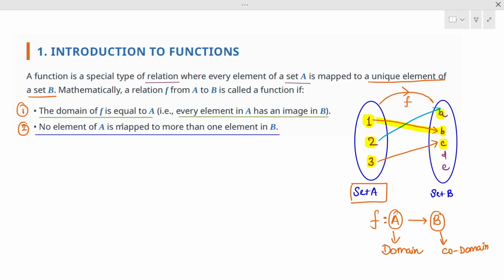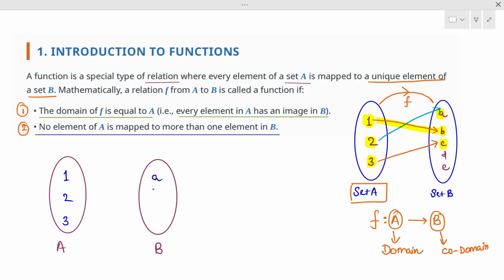Okay. What does this mean? Let us say we have two sets. Let's say this is set A, this is set B. Let's say we have the elements 1, 2 and 3 and it is A, B, C, D and E. Now suppose I map 1 to A and I am doing 1 to B. So now here this 1 is mapped to A and B. That means it has two images.